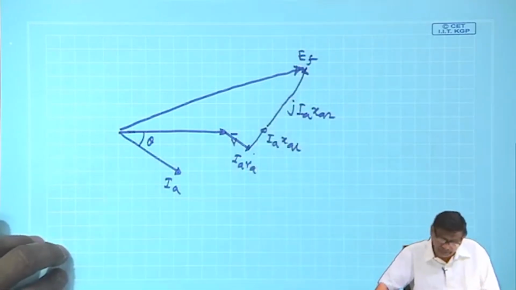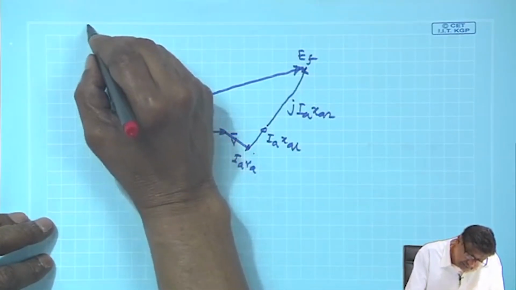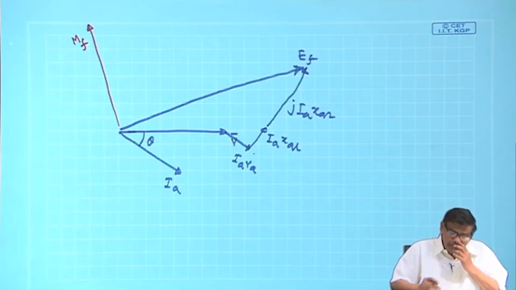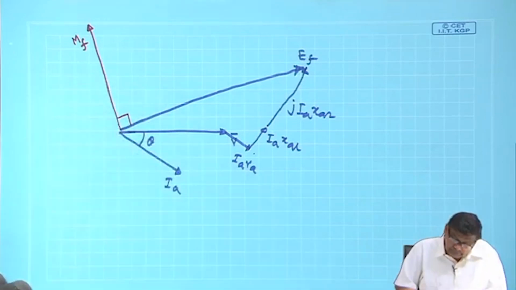Once you get EF, I know phi f must be here, MF or phi f, MMF in terms of, I am writing, and this angle is 90 degrees.